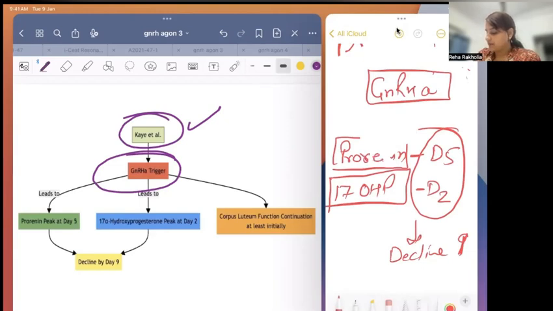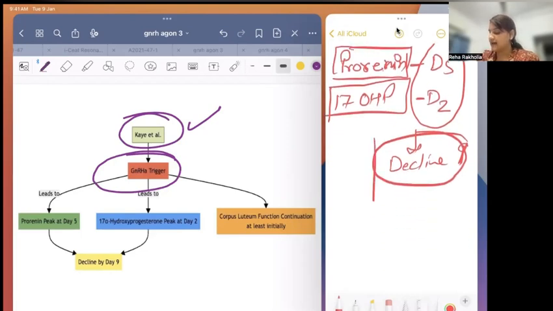What does that mean? Corpus luteum function continues, at least initially. Because initially it was more but declined by the 9th day, that means corpus luteum function initially was normal.